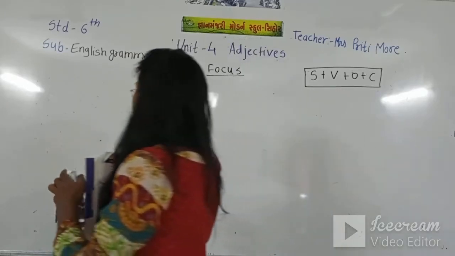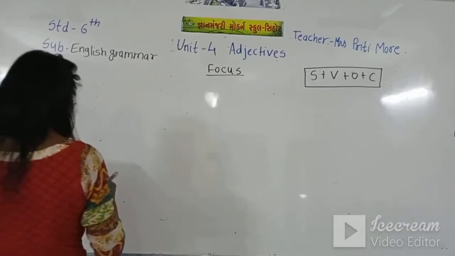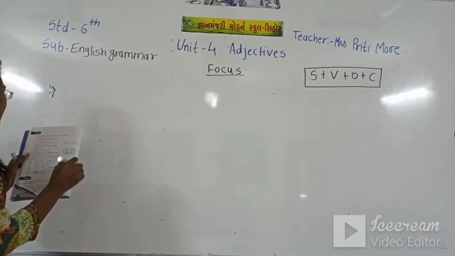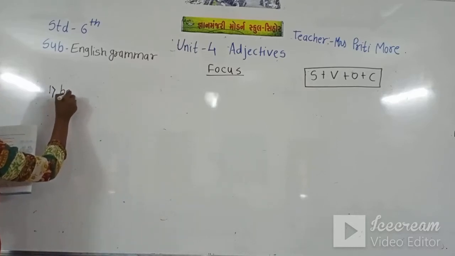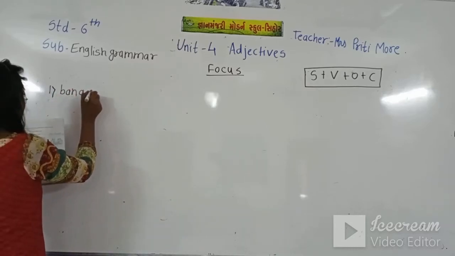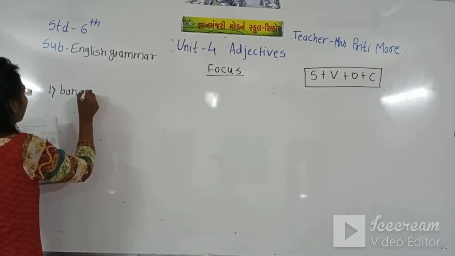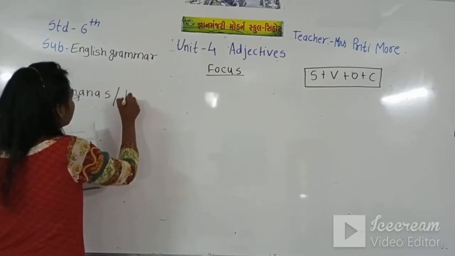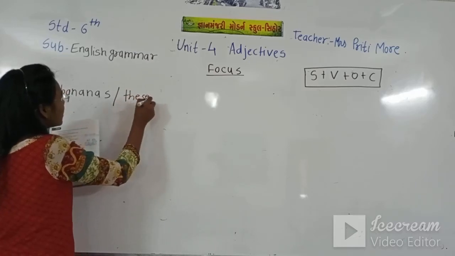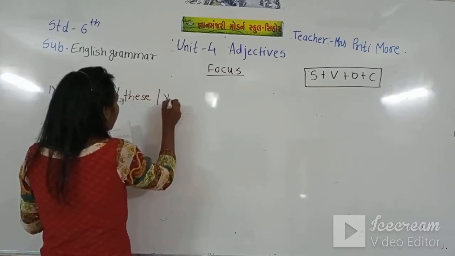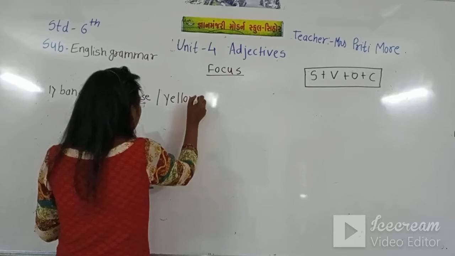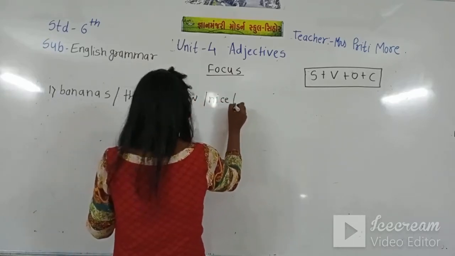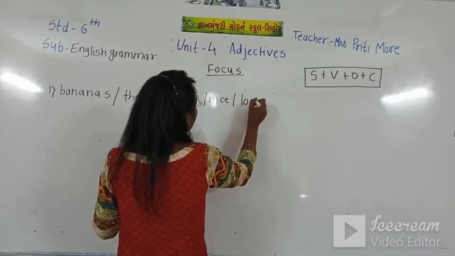So what sentence is first? The first is, I am writing: bananas, this, yellow, nice, look.